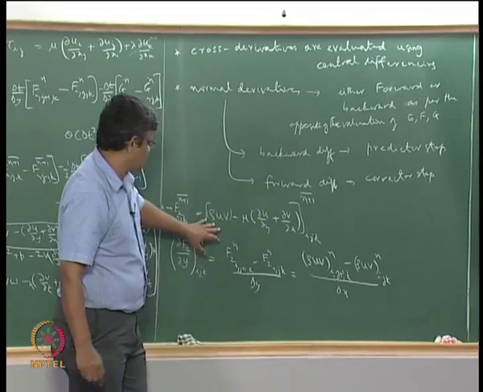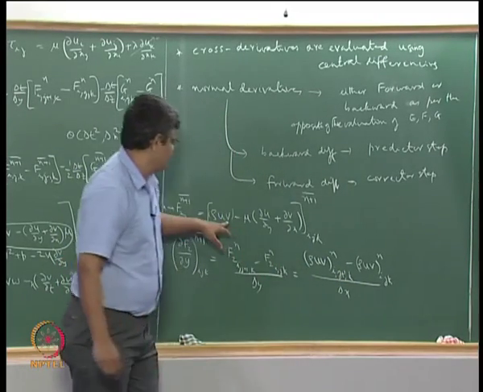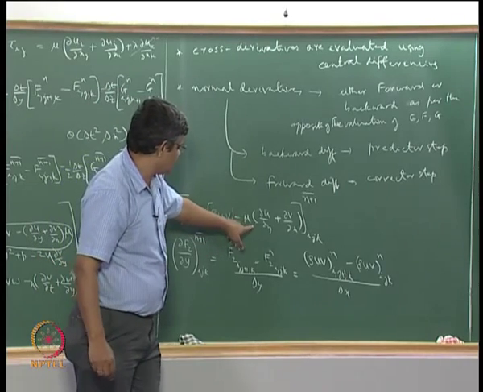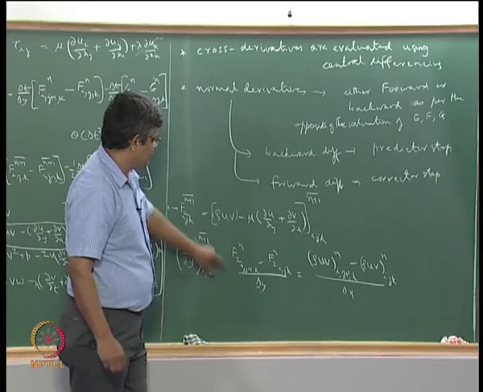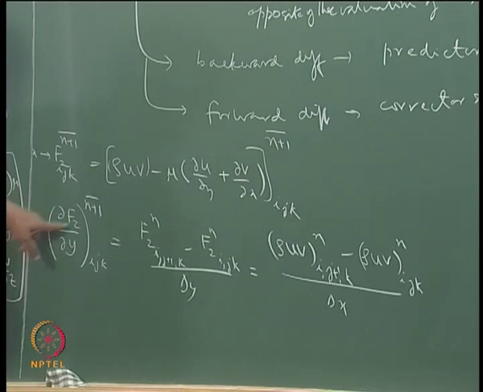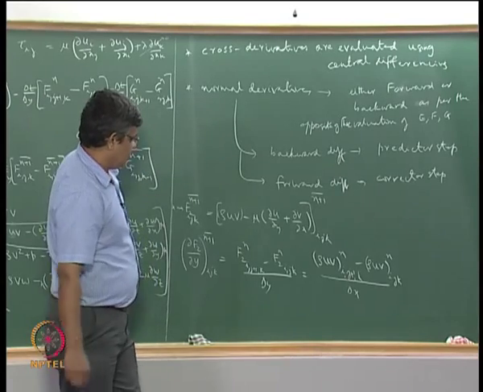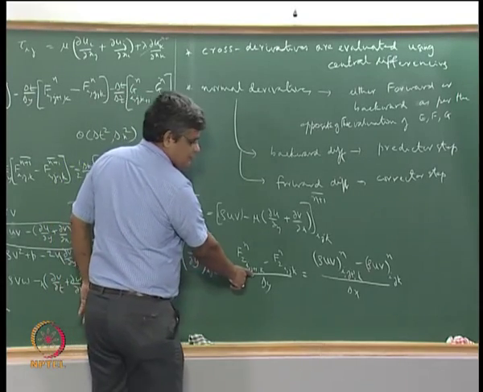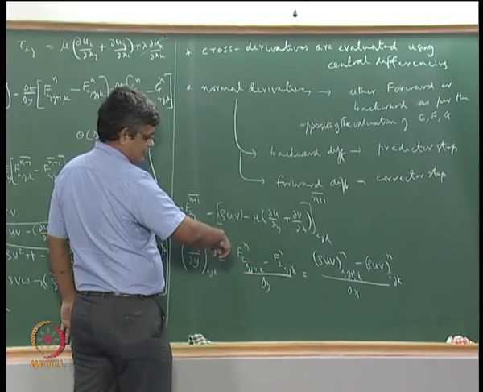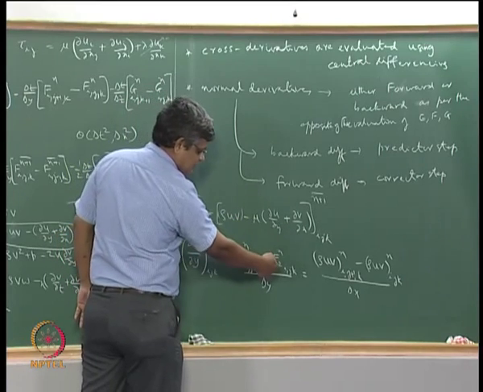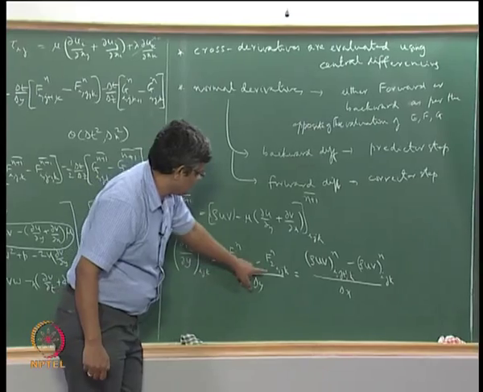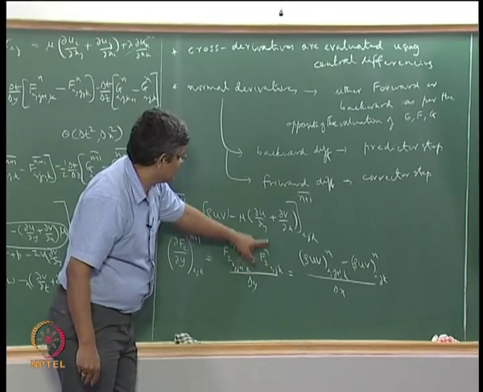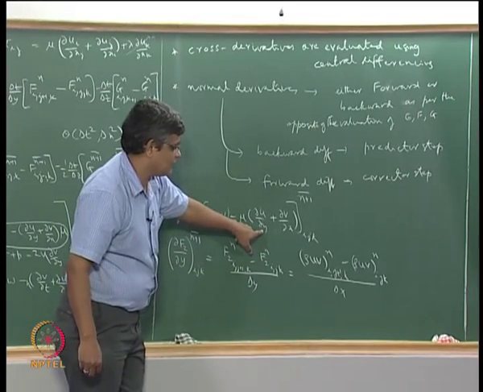Okay, so the first term of this is written like this in a straightforward way. Now we come to minus mu du by dy. Now we are looking at dou by dou y of this, so that becomes a normal derivative, and the normal derivative has to be evaluated in such a way that it is opposite to the way it is discretized for f, and here we have made use of forward differencing. So we have to evaluate this using backward differencing.